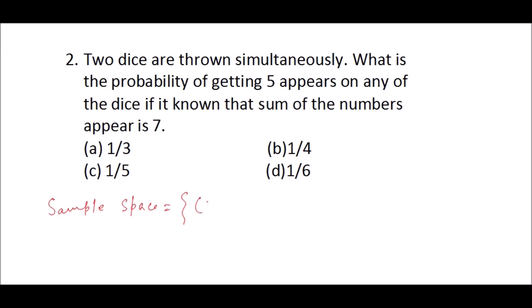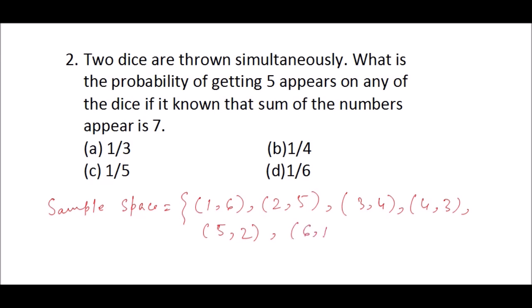Therefore, what are the possibilities? 1, 6, 2, 5, then 3, 4, 4, 3, then 5, 2 and 6, 1. Therefore, how many elements are there in the sample space? 1, 2, 3, 4, 5, 6. There are 6 elements in the sample space.